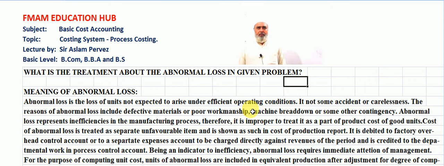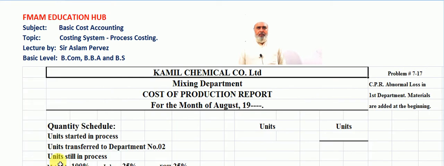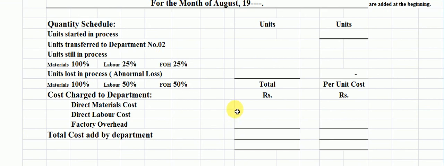Now we move to the main slide to solve this problem. The heading is Kamil Chemical Company Limited, Mixing Department, Cost of Production Report for the month of August. We move to the first section, the quantity schedule, in which we put the units started in process, which are 2,834.